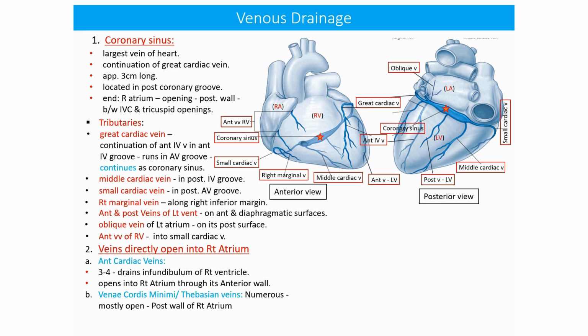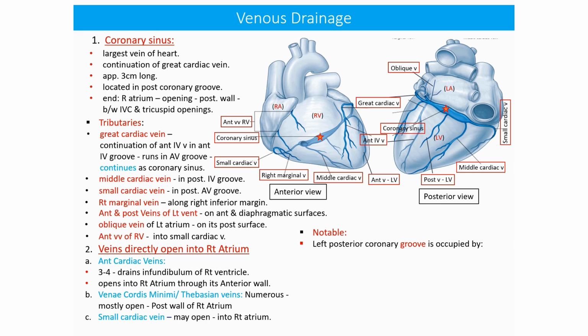They are numerous in number and mostly open through the posterior wall into the right atrium. Third are the small cardiac veins, which may open into the right atrium directly instead of opening through the coronary sinus.